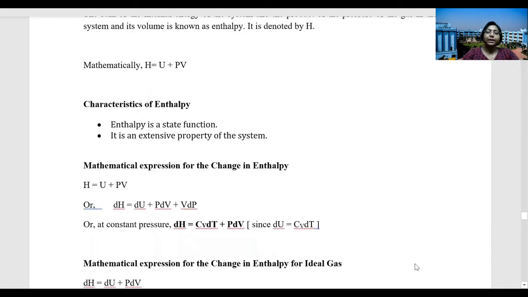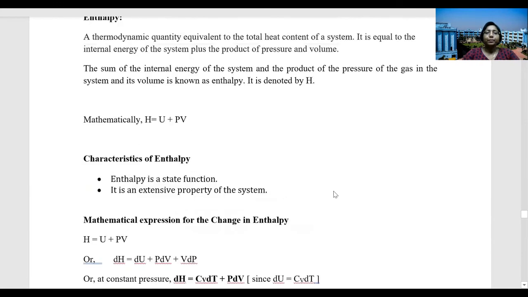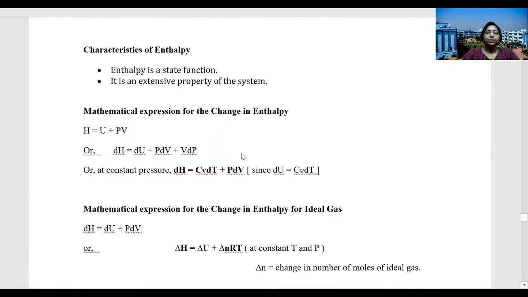Now the mathematical expression for the change of enthalpy. H is equal to U plus PV by definition, so we can write dH is equal to dU plus d(PV).